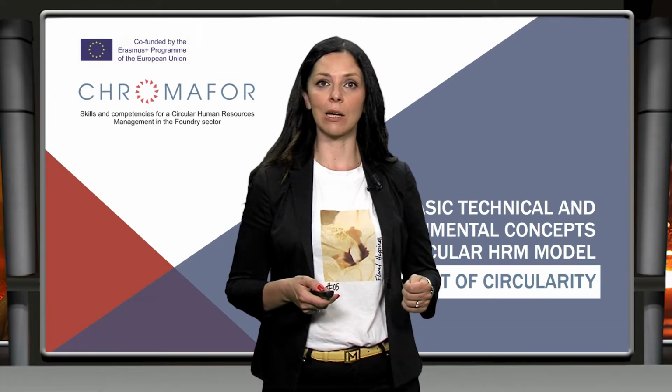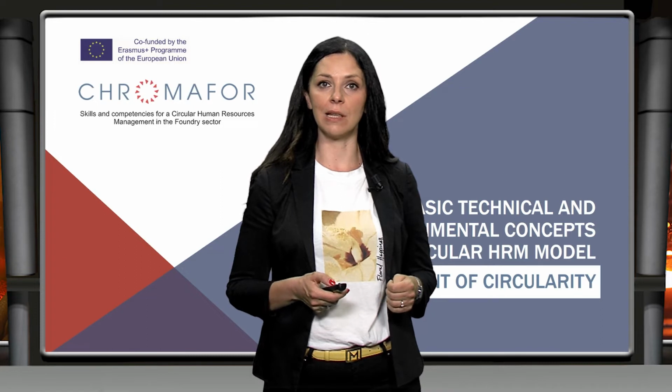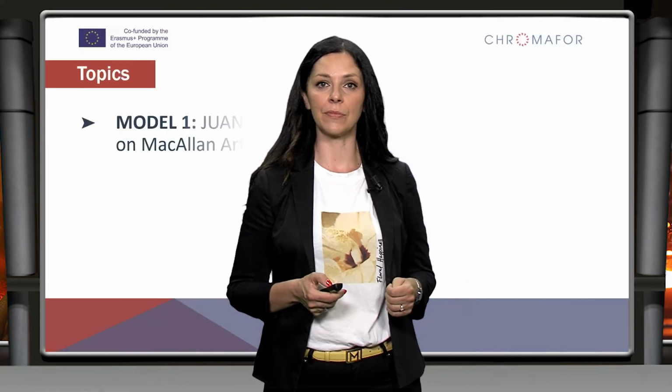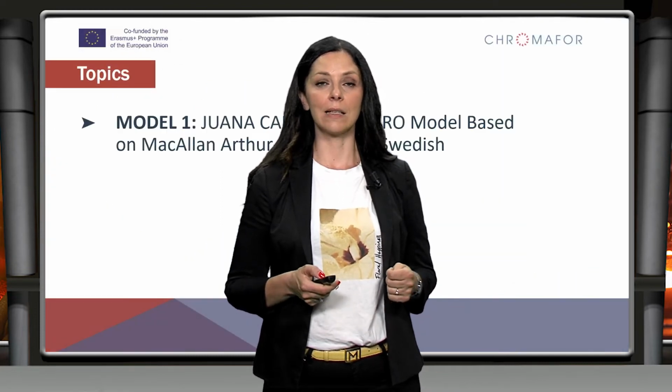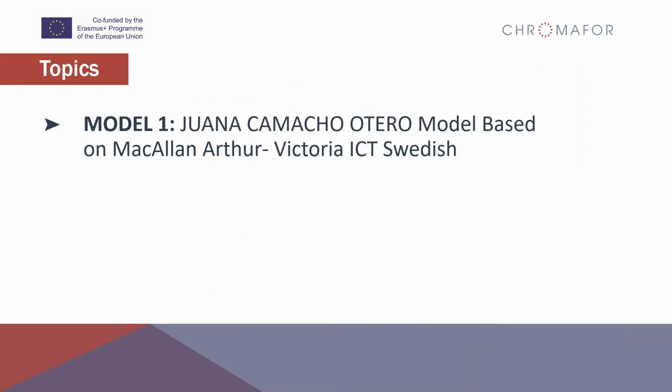Now let's see together which are the topics of this lesson. We will analyze some models related to the circular economy approach for businesses. Model 1, which is the Joanna Kamako-Otero model, which is based on Macallan Arthur and Victoria ICT Swedish.